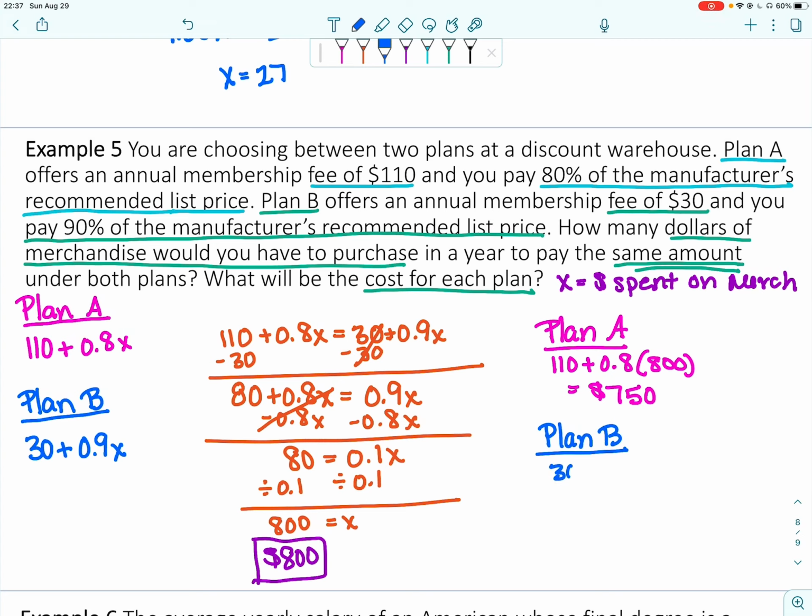Plan B, you paid $30 up front, but you're paying 90% of that $800. So 30 plus 0.9 times 800, and that is also $750. So the plan would cost $750.